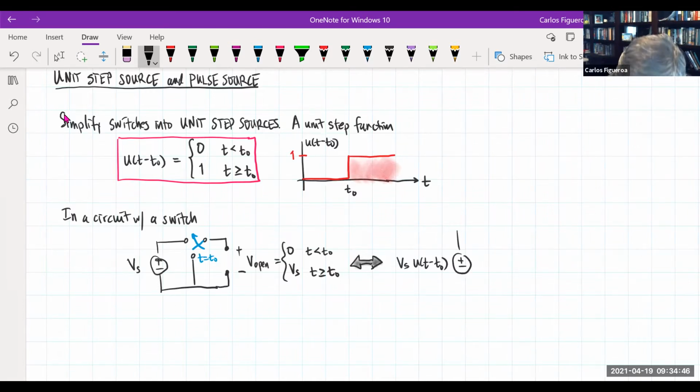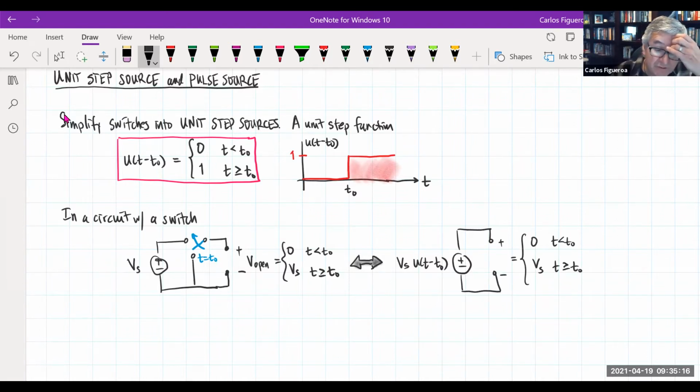So now I have my circuit that looks like this, and that guy turns on at that point. We can clearly see that the value of this will be 0 for t less than t naught, and v source for t greater than or equal to t naught. So anytime we have a switch, we're going to use the u function, the step function.